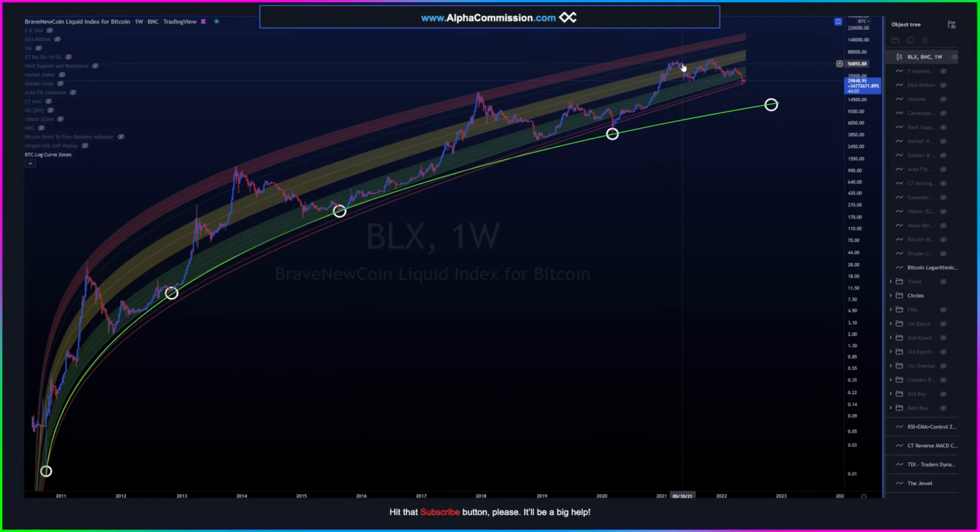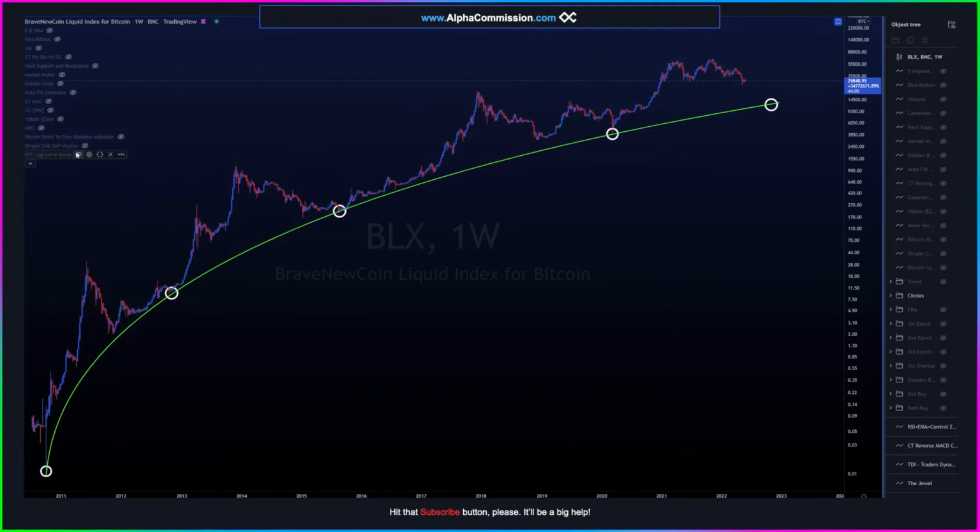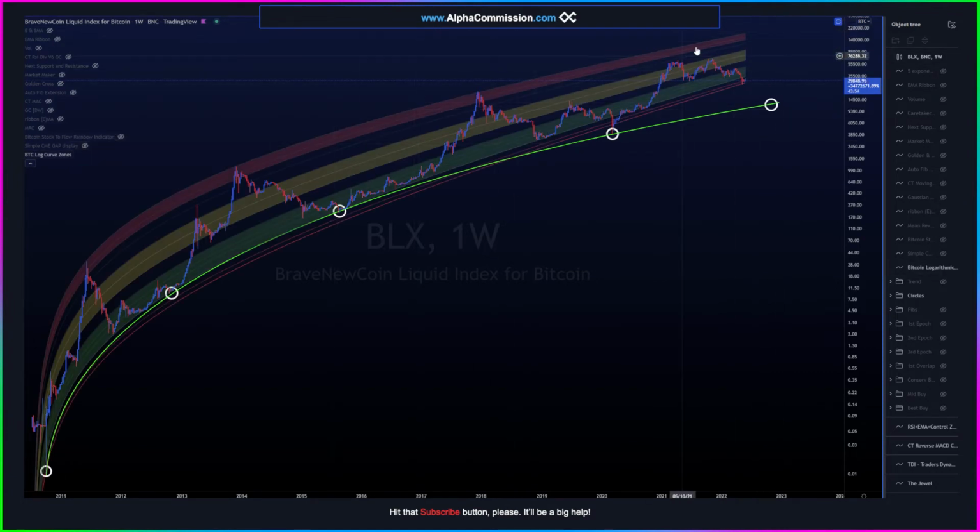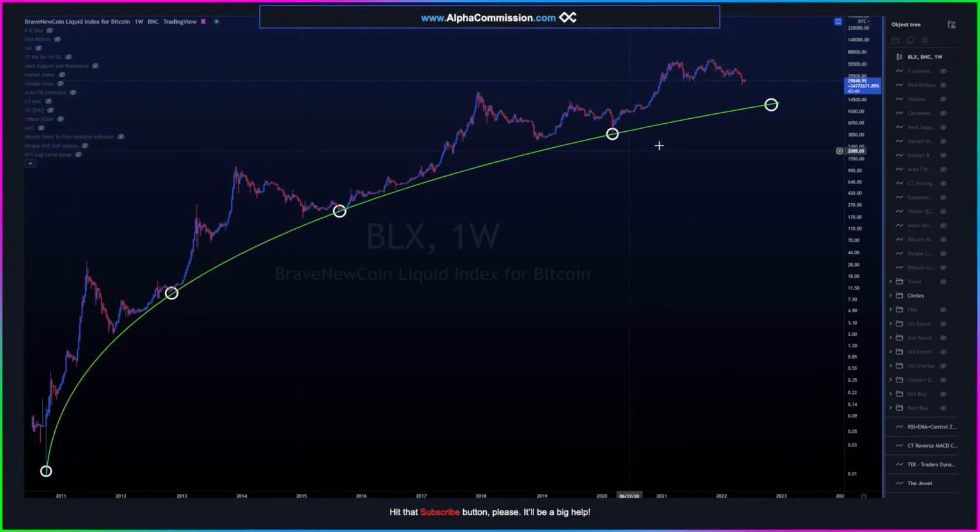Not the log curve, but the top of the actual Bitcoin price, where this curve does look like it belongs to the top of the chart, whereas this curve doesn't really, right? It looks like something's wrong. It's just missing, right? So we can just be open-minded to this. It doesn't have to play out. I'm just saying, possible.